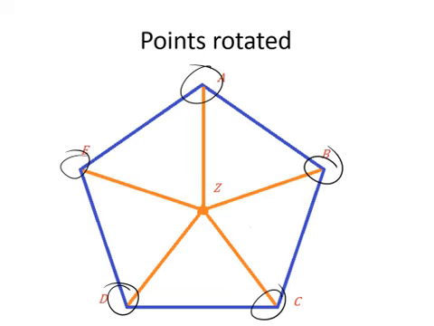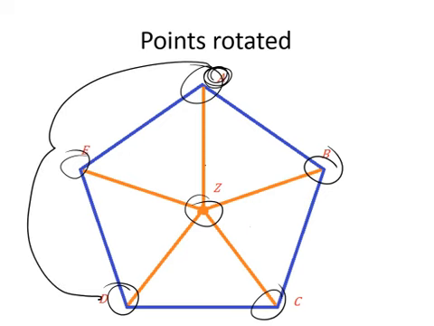What we can do is take it from the center also. Each angle on the inside is 72 degrees. I want to rotate it 144 degrees. So if I rotate it 144 degrees, point A has gone 72, 144.